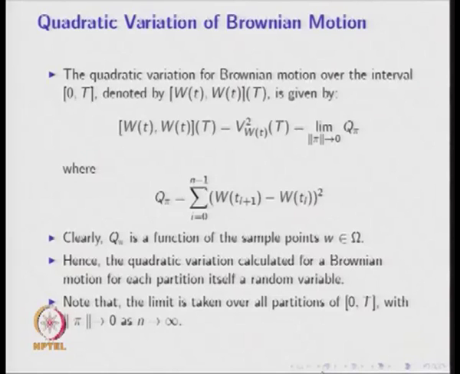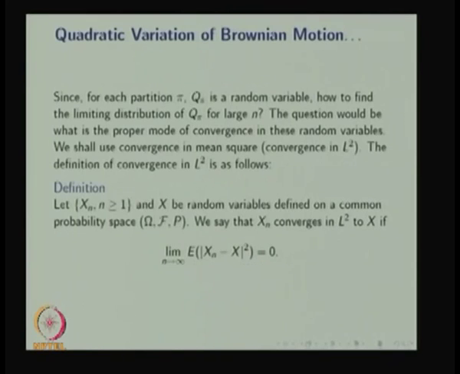So we have to find the limit as norm pi tends to 0 of this random variable. For every n, this will be a random variable, so you have to find the limit taken over all partitions of 0 to t with the norm of pi tending to 0 as n tends to infinity.